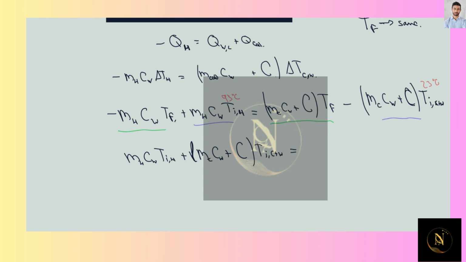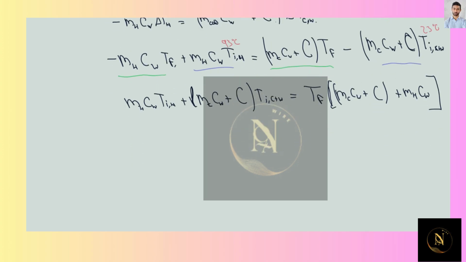And this is going to be equal to the final temperature factorizing the contribution of mass cold of this value plus mass of hot water times heat capacity of water.